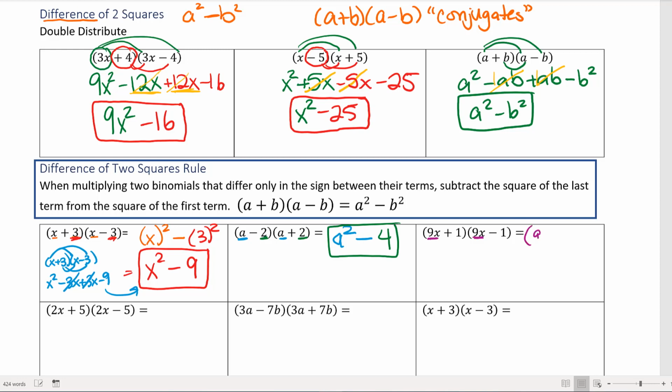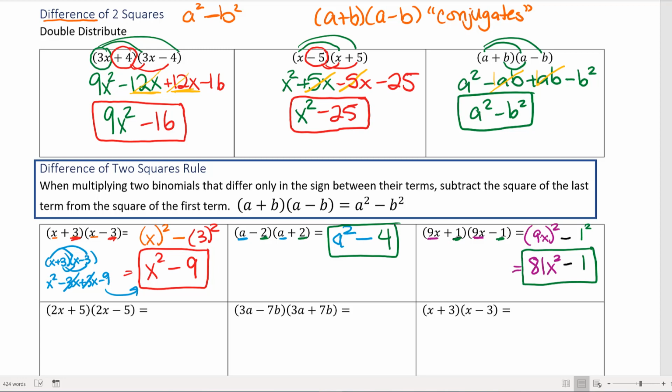Yes, they are. So I'm going to take 9x and square that. 9x times 9x is 81x squared. Then we have a minus because the formula says so. And then we have 1 times 1, which is just 1. You're welcome to distribute it the long way if you really want to. It will come out the same.